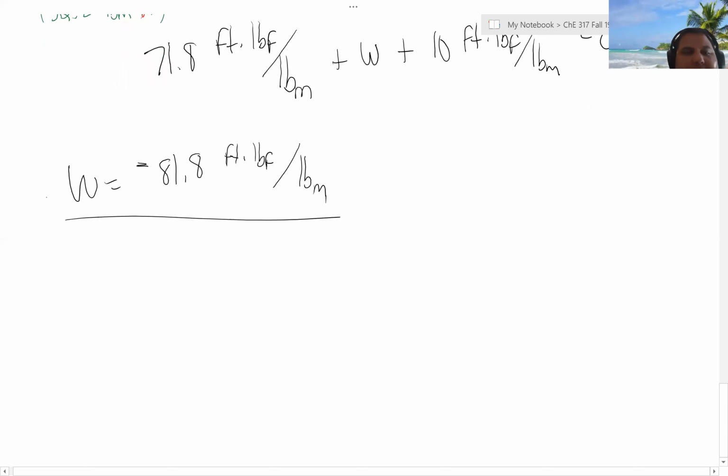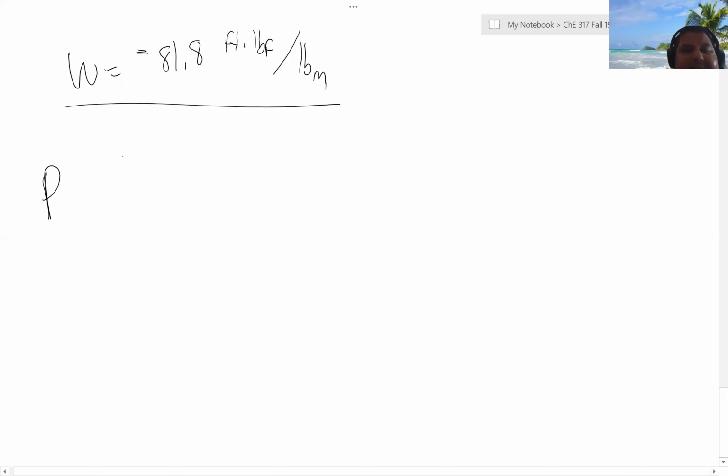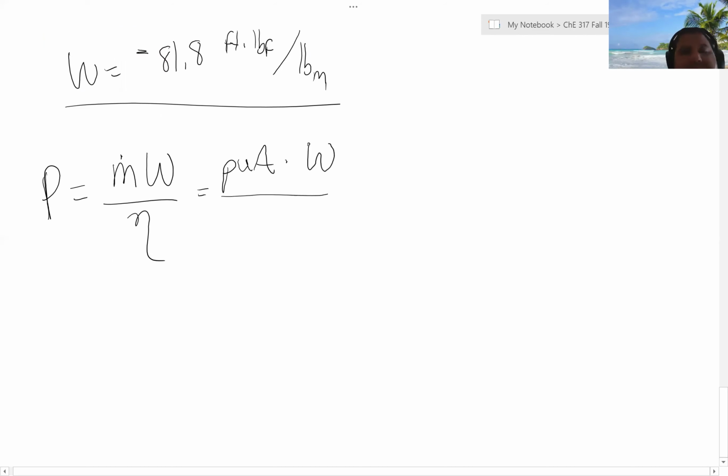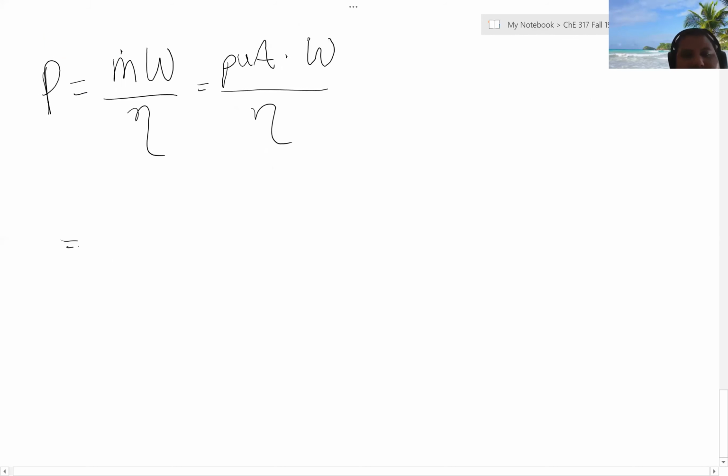Well, our power is our mass flow rate times our work over our efficiency. And our mass flow rate is simply our density times the velocity times an area, times work over efficiency. So our density was 1.84 times water, 62.4, our standard pound mass per cubic foot.